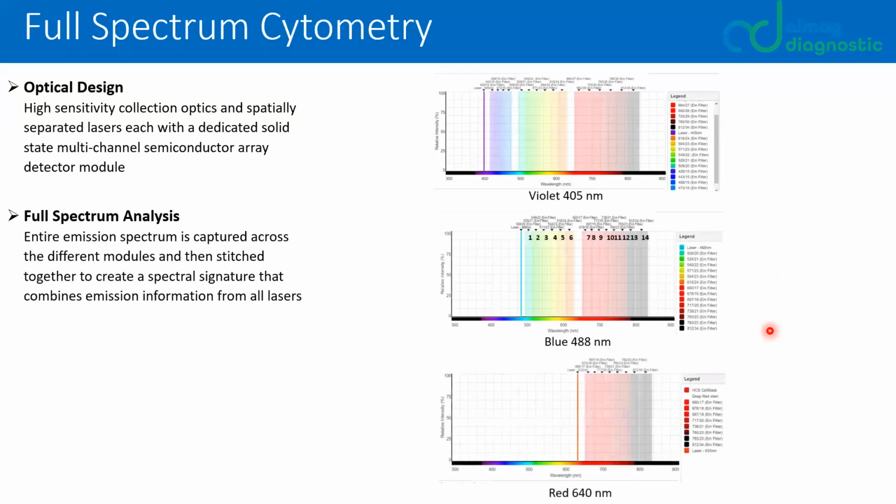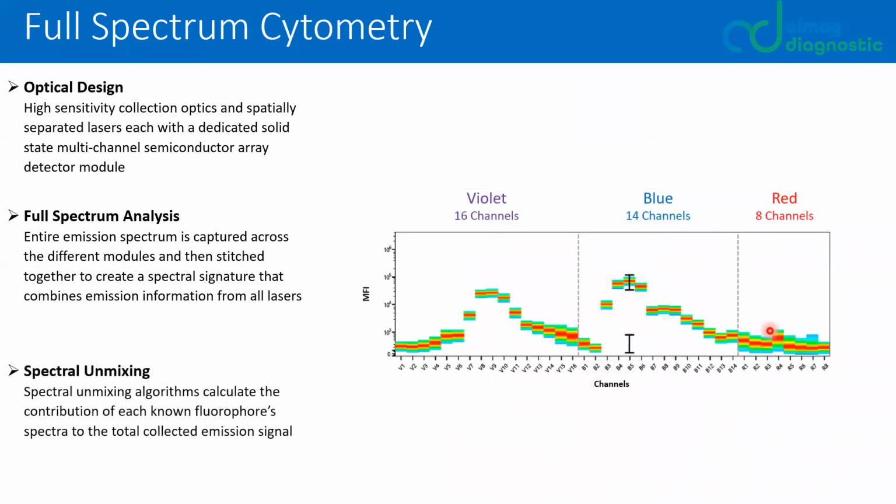The entire emission spectrum is captured across the different modules to create the spectral signature for each dye or fluorochrome or cell, as you will see later. And we have the spectral unmixing algorithm that replaces the conventional compensation that you probably know.